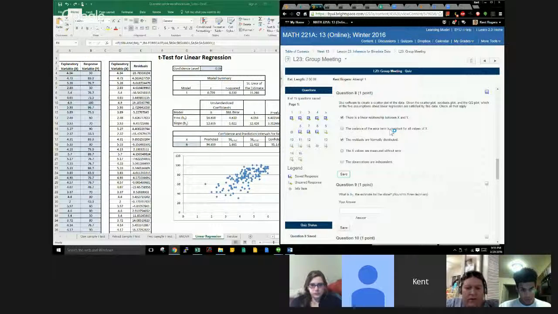The variance of the error term is constant for all values of X. So that was the normal distribution of residuals. Yeah, but that's not true because the residuals are all over the place, right? Am I understanding that right? Oh no, hold on. So normal distribution of residuals is the next one.